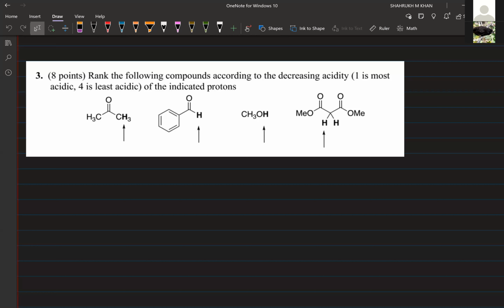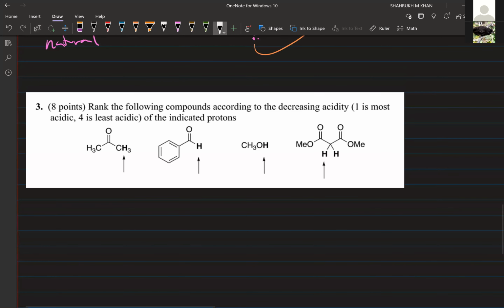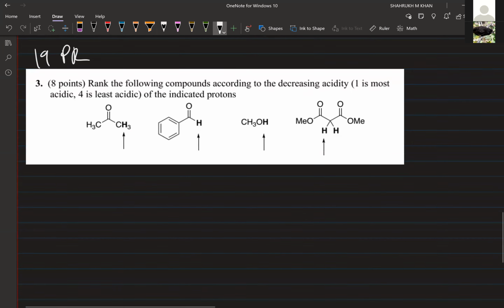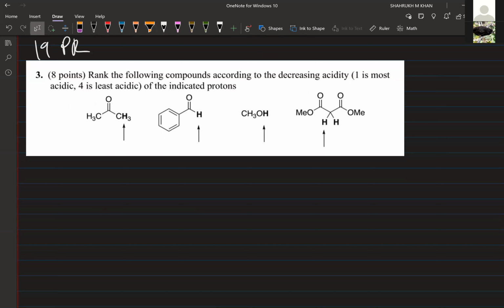Okay, I got a lot of varying answers. We could always draw a conjugate base if you want, or just analyze it as is, but well, screw it. Let's draw the conjugate bases. Wait, which exam was this from? 2019 PR. Just make sure I keep marking it for you guys here. Okay, so here we have this, this would look like that.